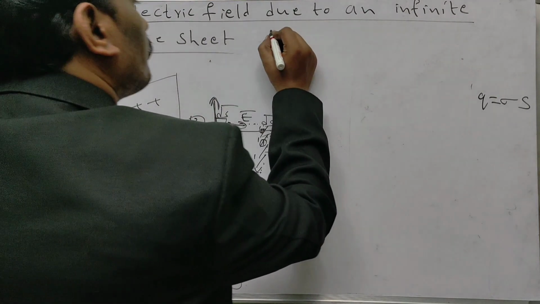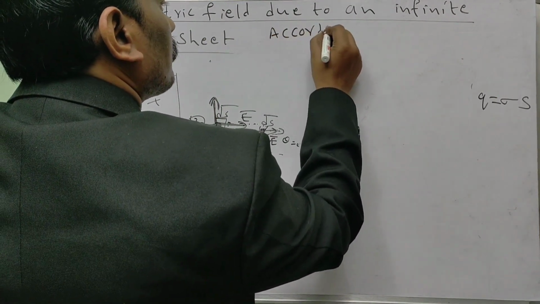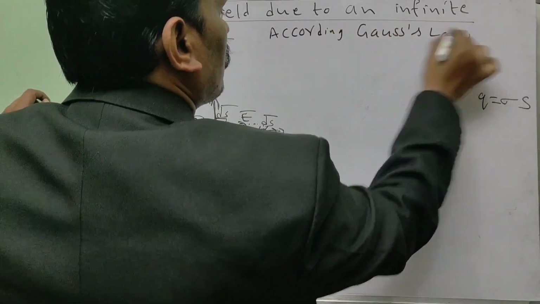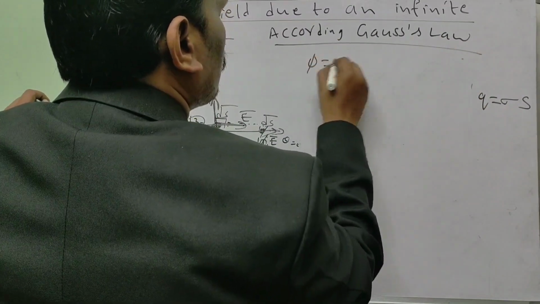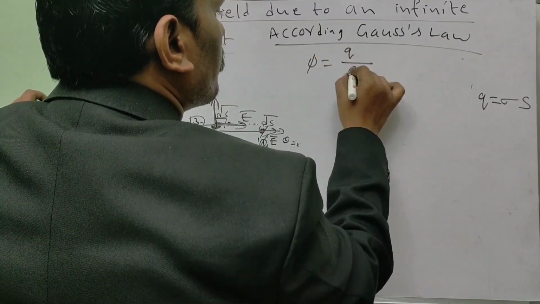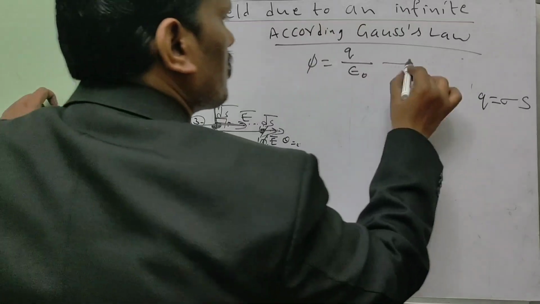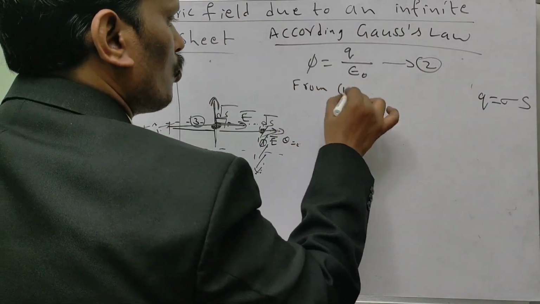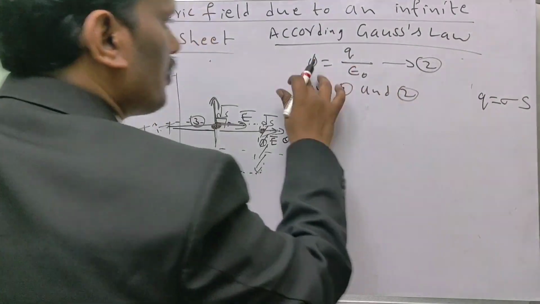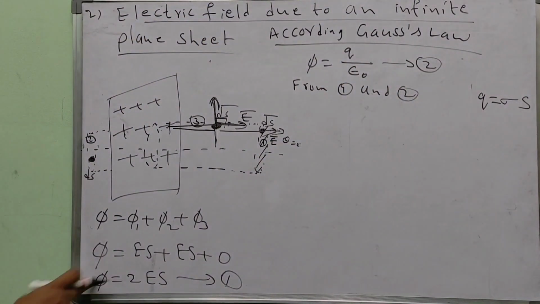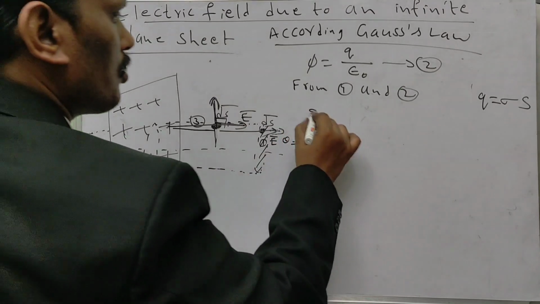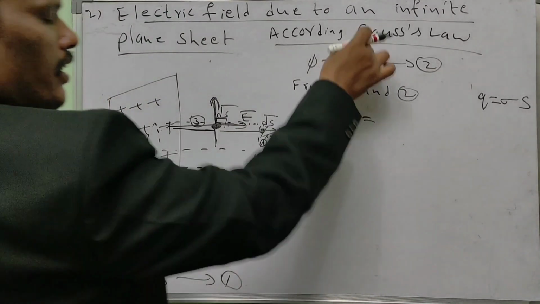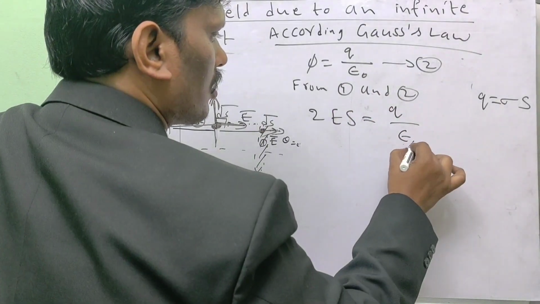According to Gauss law, what is the flux? Charge enclosed by epsilon naught. Consider this as equation 2. From 1 and 2, this is also flux, this is also flux, then the right hand sides are equal. Then 2ES is equal to Q upon epsilon naught.